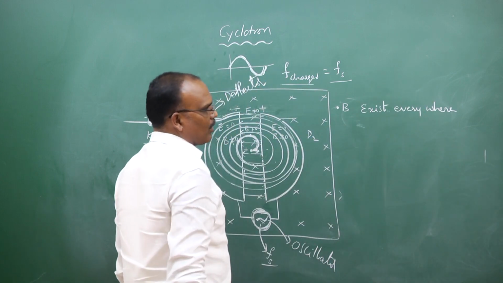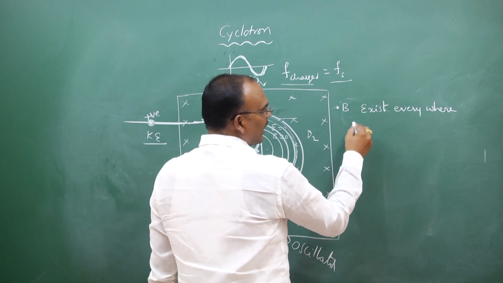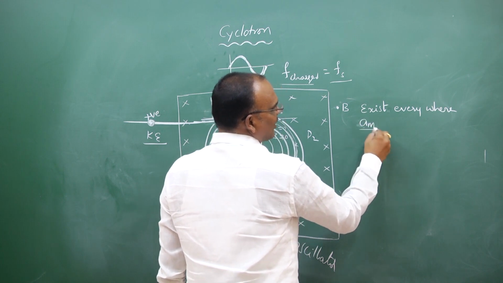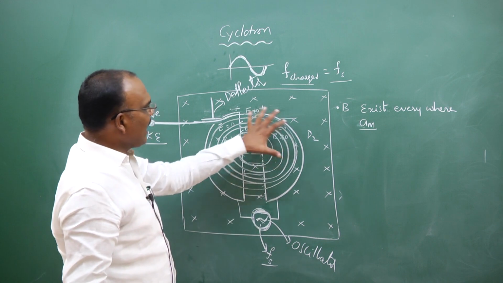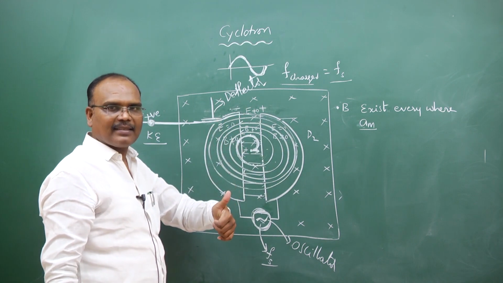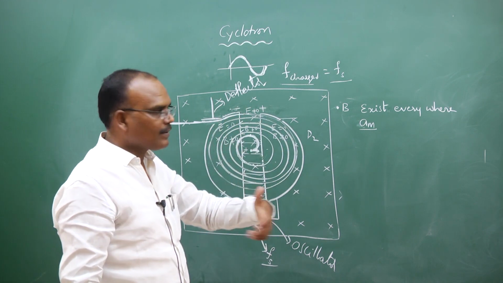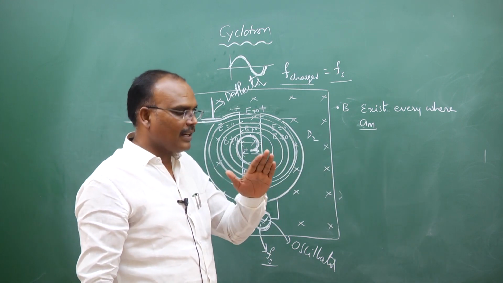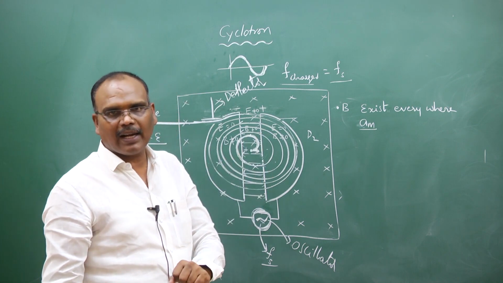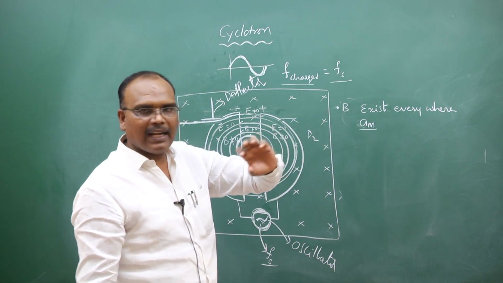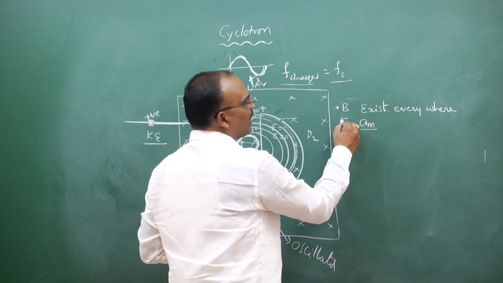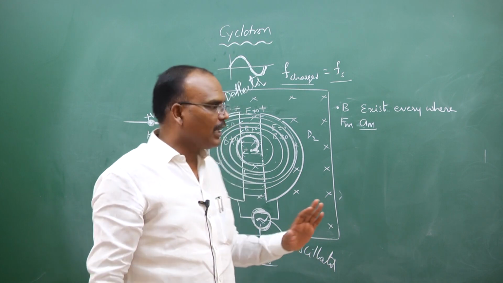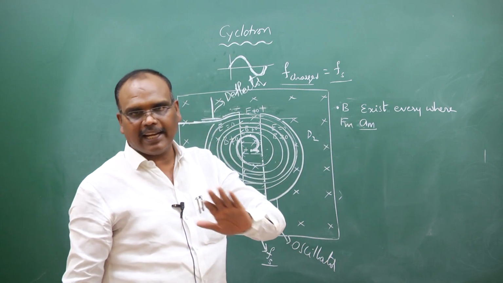That means the charged particle is always having magnetic acceleration. Where there is a magnetic field, there magnetic force acts. That magnetic force develops magnetic acceleration. But the magnetic force and magnetic acceleration are changing the direction of the charged particle. They are not going to increase the speed of the charged particle. That means these are not going to increase the kinetic energy.